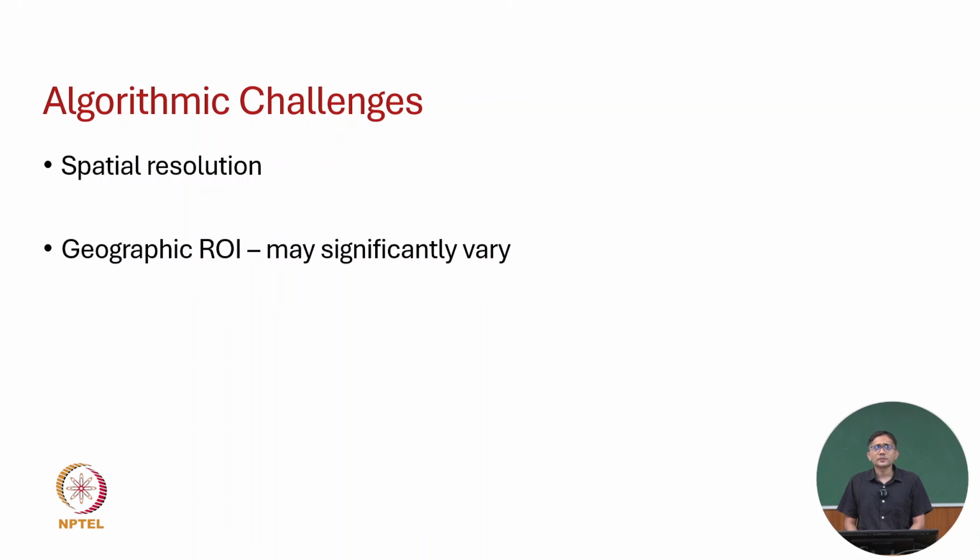When we are talking about few centimeter per pixel, think about even a 224 cross 224 image. This is not that geographically large, right? So maybe there is just a building, there is one road there, and maybe we are happy with assigning just one label to the entire image.